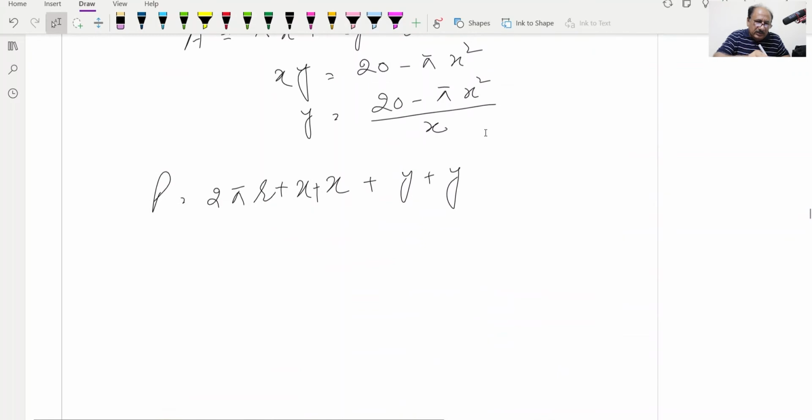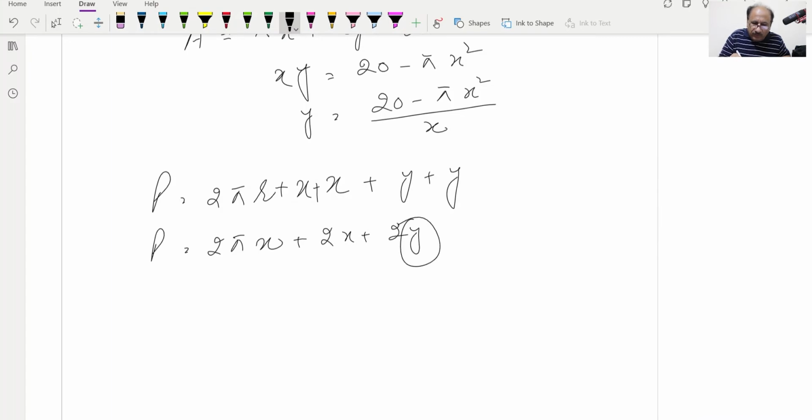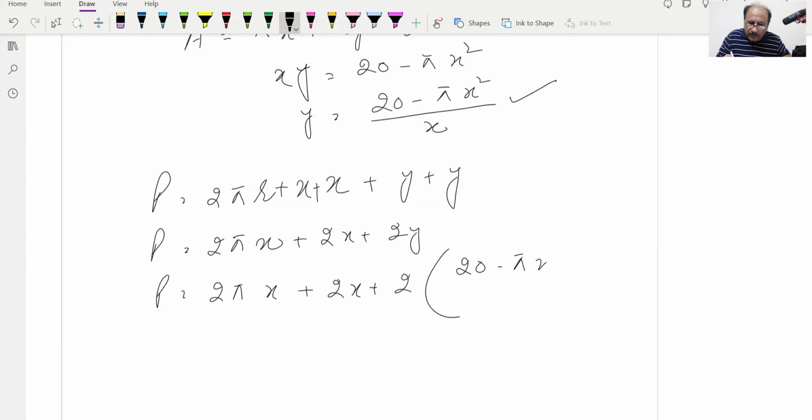So we can rewrite this equation: p is equal to 2 pi into x, because r is x, so we have replaced r with x, plus 2x plus 2y, and this y we can replace with the y value. We can rewrite it as 2 pi x plus 2x plus 2 into 20 minus pi x squared divided by x.